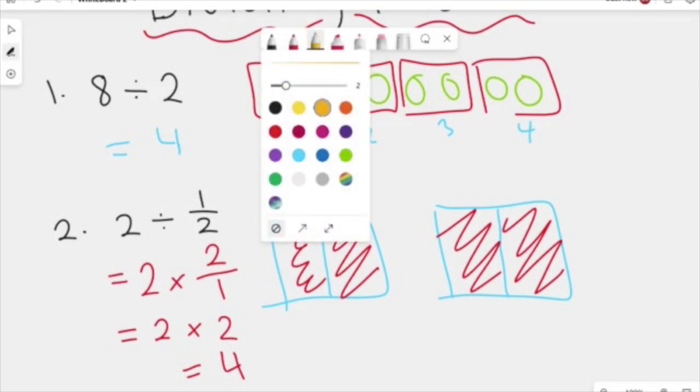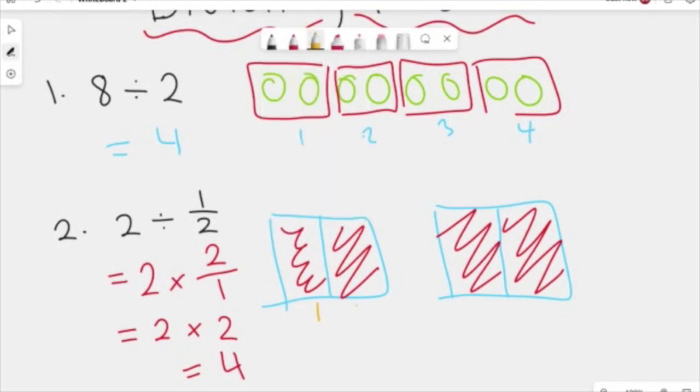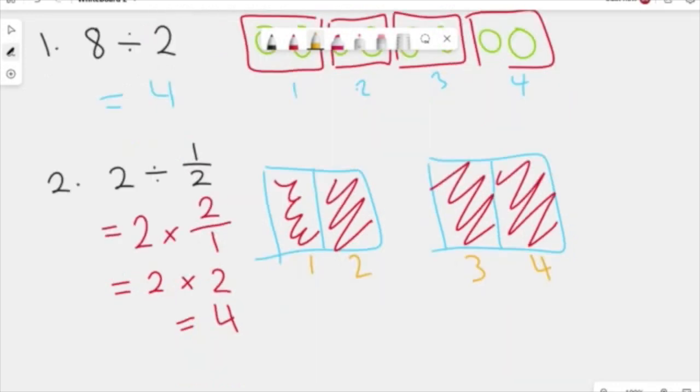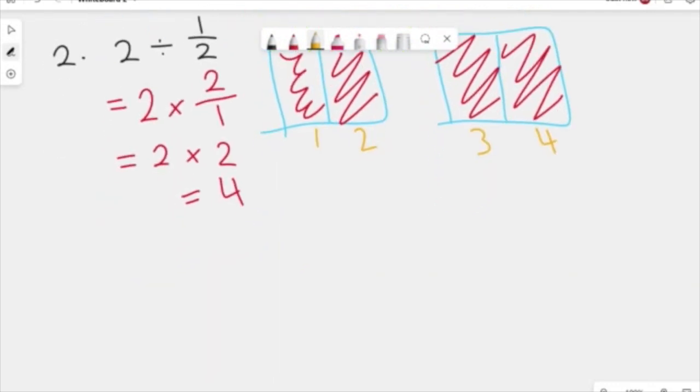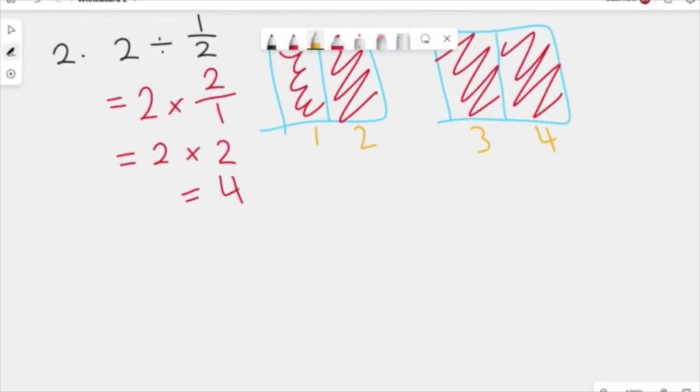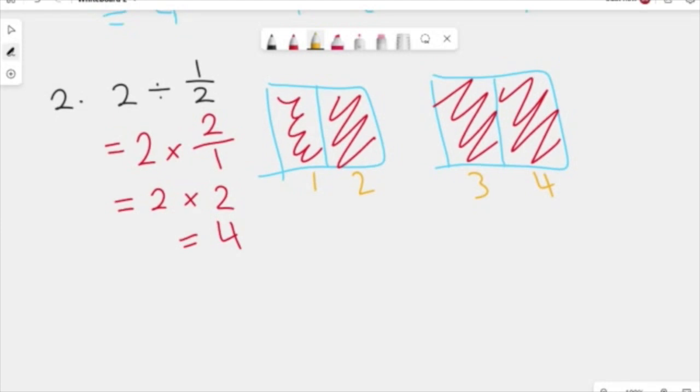We have 1, 2, 3, and 4 halves in 2 wholes. Just by understanding this reciprocal makes things so much easier. Because now we can just go straight into a couple of examples, because this won't change for other fractions. They look scarier, but the same thing holds.